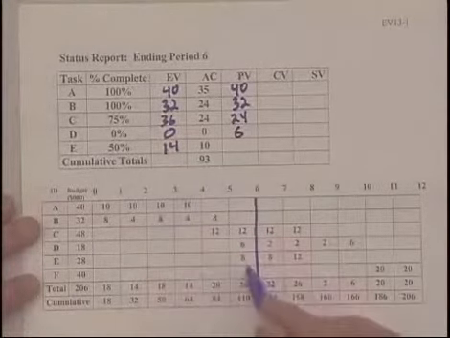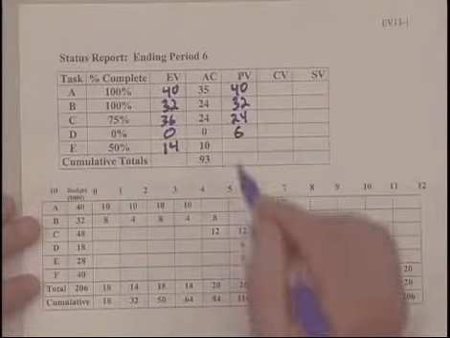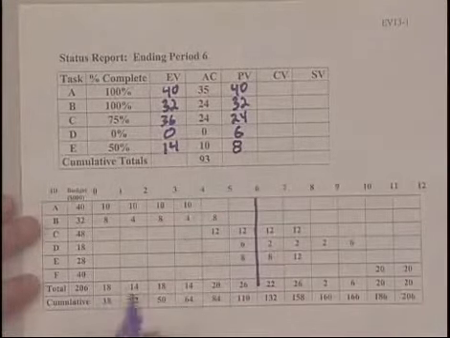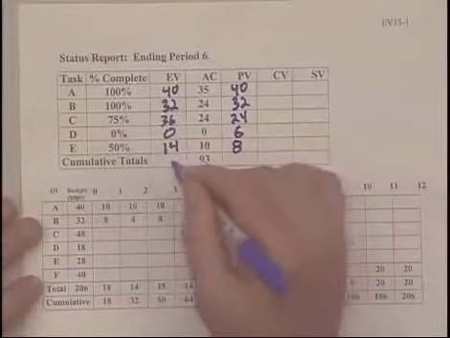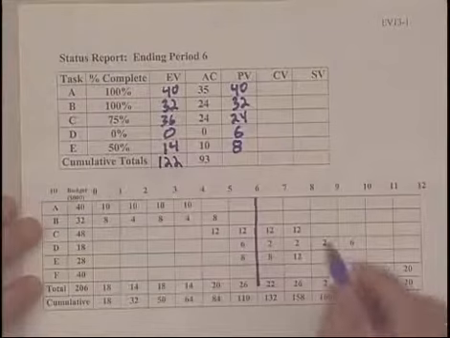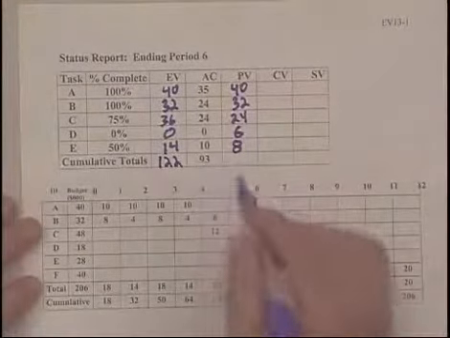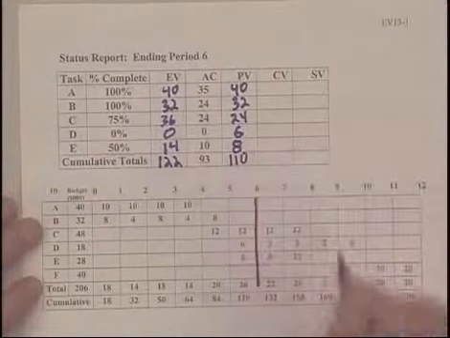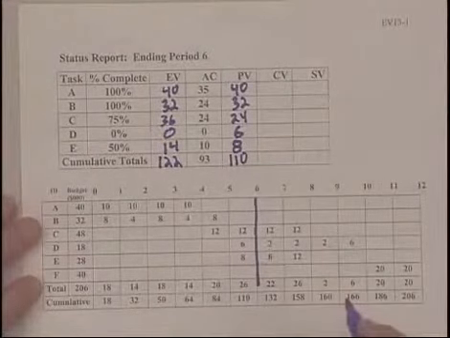And then finally, for E, $8,000 worth of work was supposed to be done. We total up these columns. We get $122,000 worth of work has been completed for period 6 at a cost of $93,000, and $110,000 worth of work was supposed to be done.